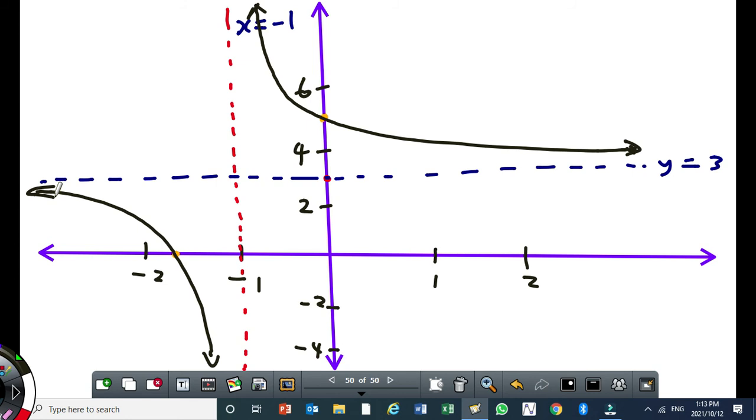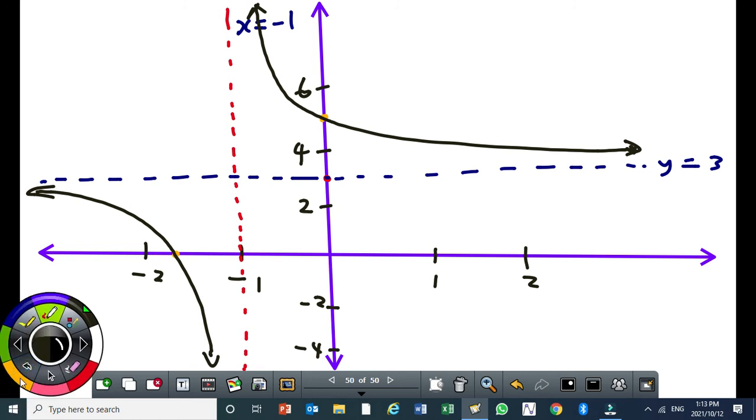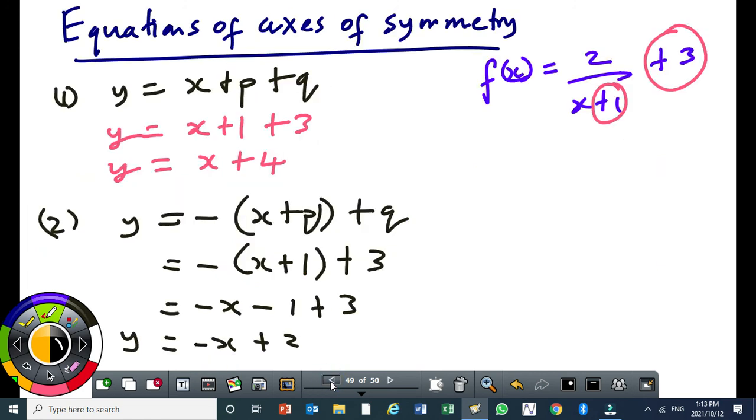Right? Then I need to add the axis of symmetry to it. The good thing is, I know that my axes of symmetry pass through this point. Okay? And the equations of those axes of symmetry, the first one is y equal to x plus 4. So I just need to find its x-intercept.